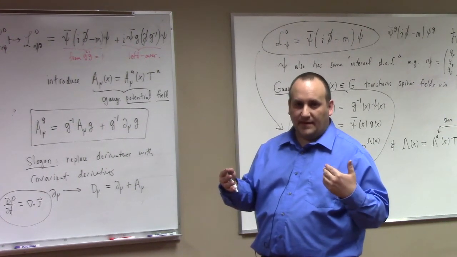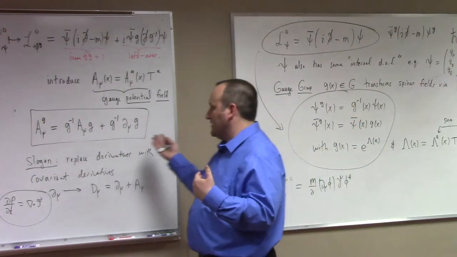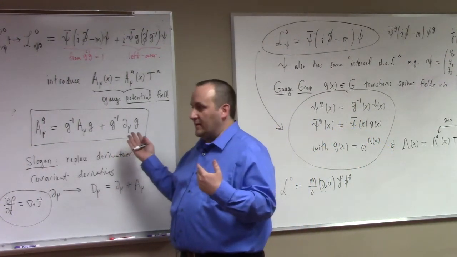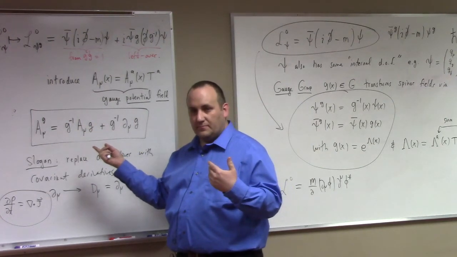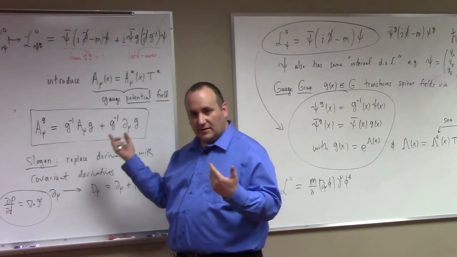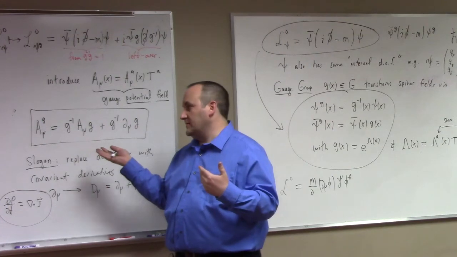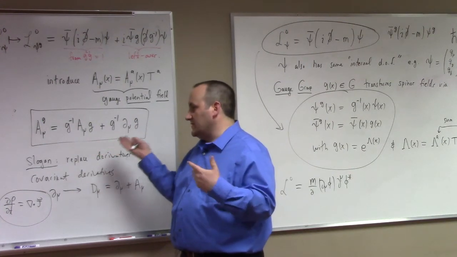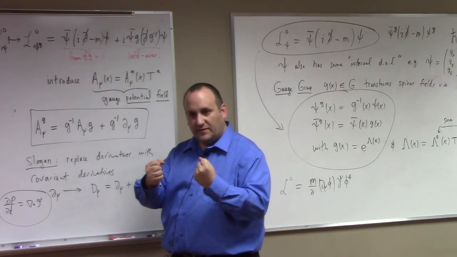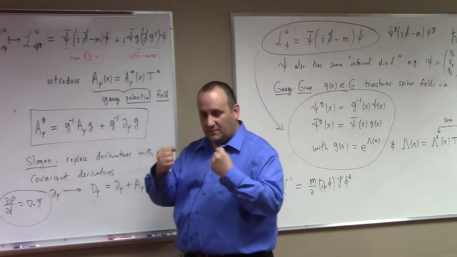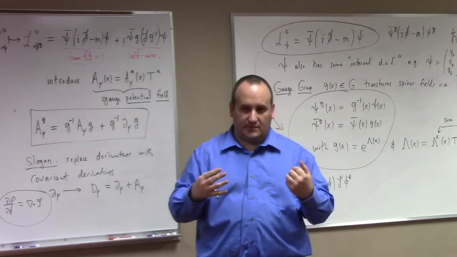They realize that the gauge transformation for the gauge potential has to look like this, and the field strength has to have another term added like that. These are interesting and different extensions of what was already done. But all of this is being done to maintain invariance of a Lagrangian with respect to a local symmetry transformation. It's all about the Lagrangian, thinking about a local symmetry, invariance of the Lagrangian.